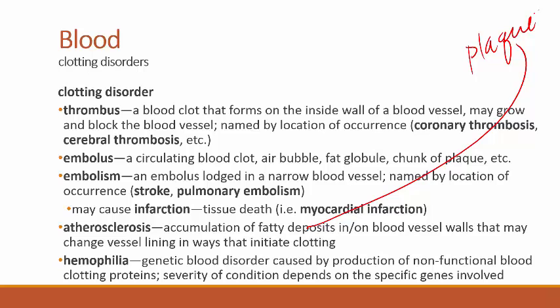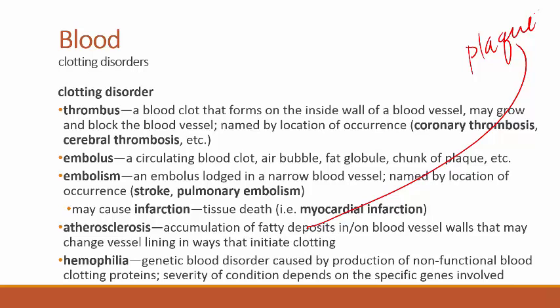And then last of all, there is a genetic or hereditary blood disorder referred to as hemophilia, and it's caused by the production of non-functional plasma proteins that are built in a way that doesn't allow them to act as enzymes.